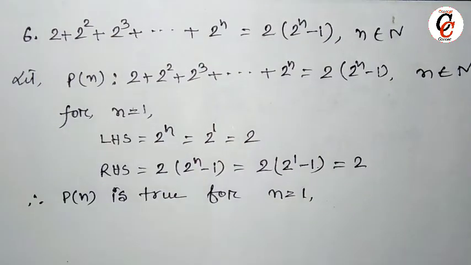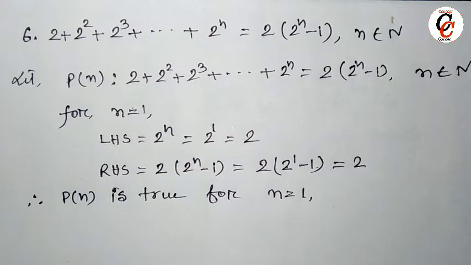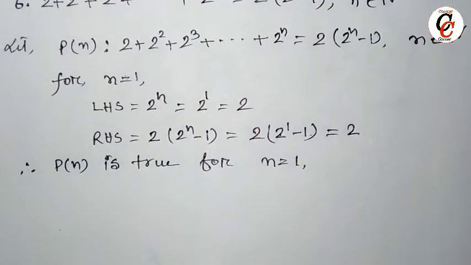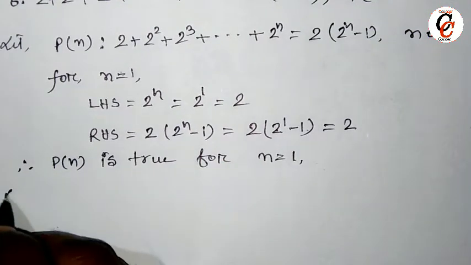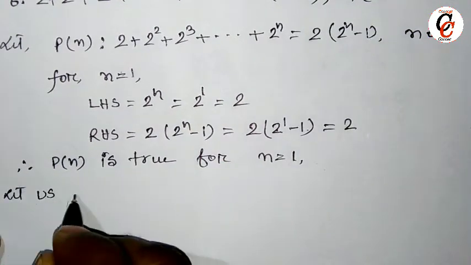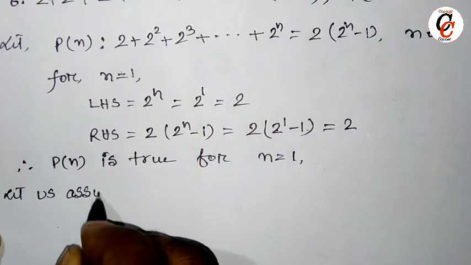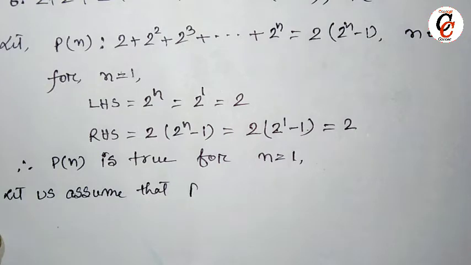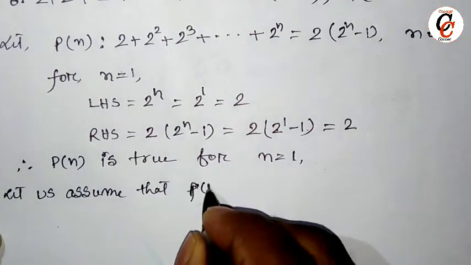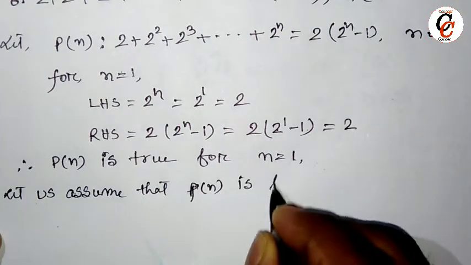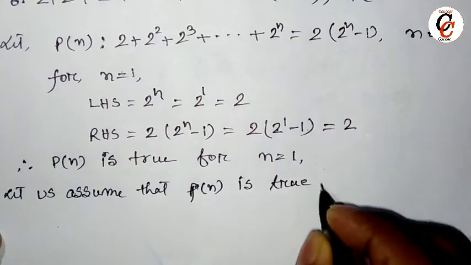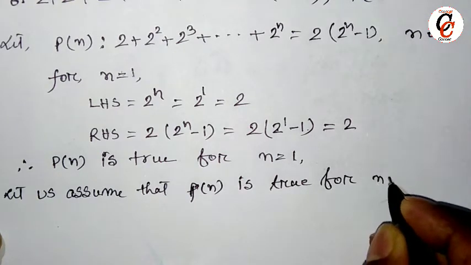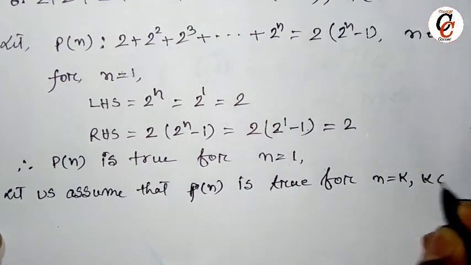So next we will assume that this statement, the given series, is true for n equal to k, where k is some integer. Let us assume that Pn is true for n equal to k, where k belongs to natural number.